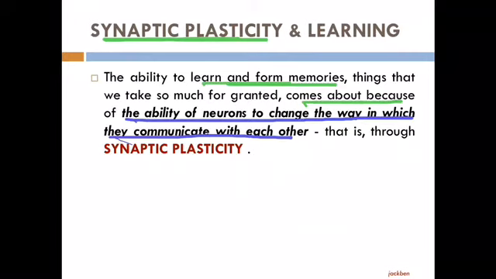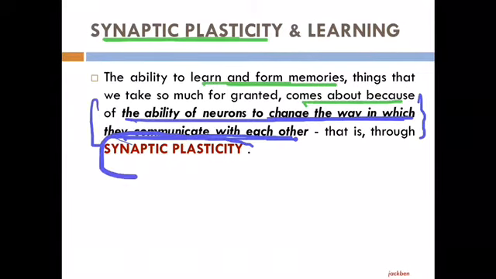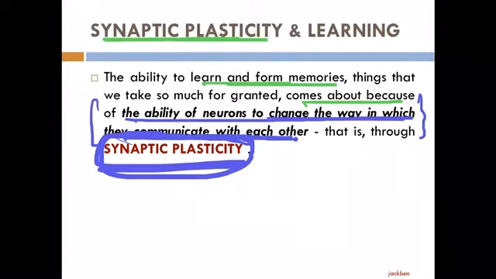Like these memory traces, the strengthening or facilitation of synaptic transmission, the ability of the neuron to change the way in which they communicate with each other, that is the neural basis of memory or learning, and that is known as synaptic plasticity.